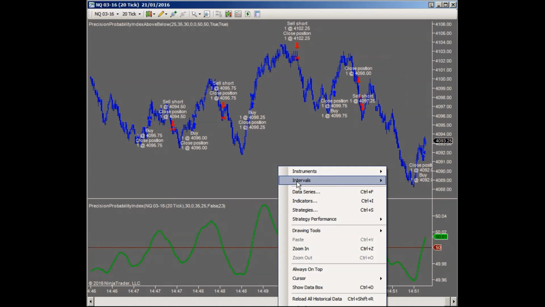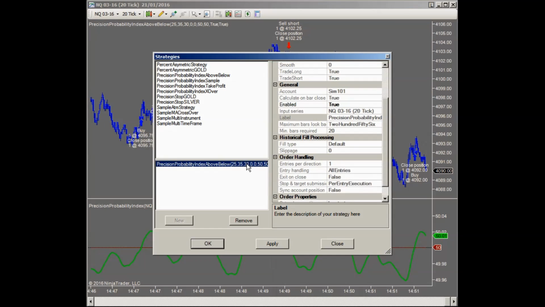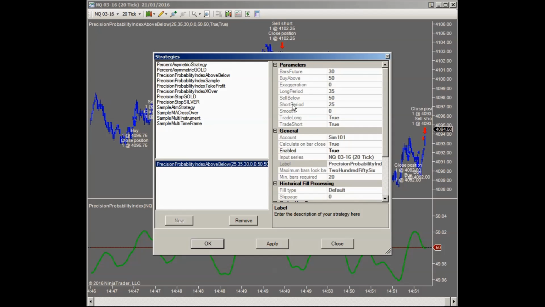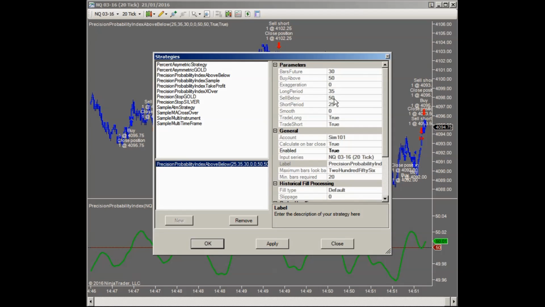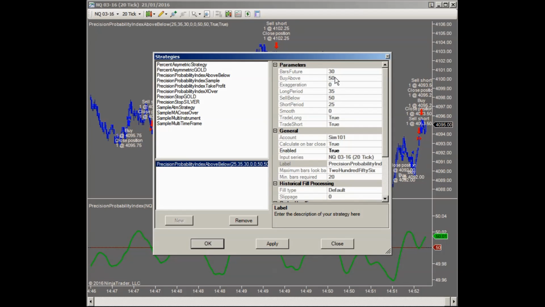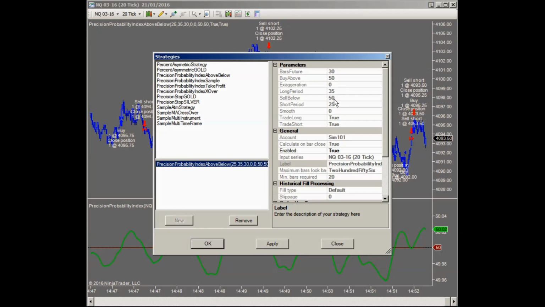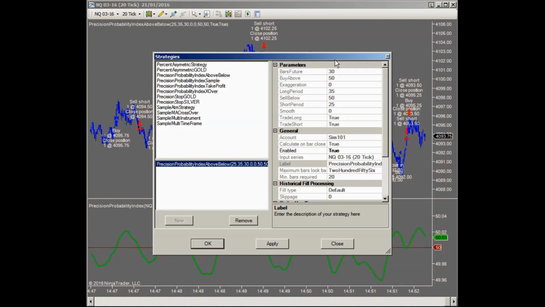Sorry, I've got to change this. In the strategy we've got it set to sell below 50 and buy above 50. But you can change this to 50.01 and 49.99 to create a dead spot in the middle to reduce a lot of trades that occur around the midpoint.